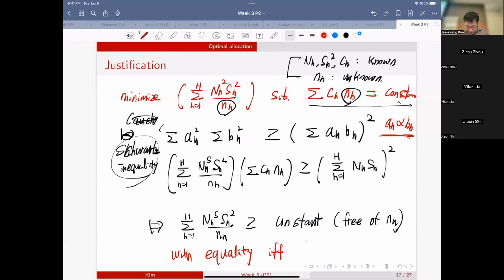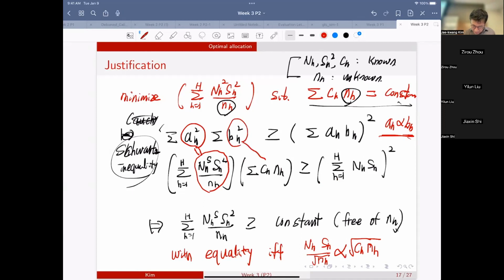So that means NH is proportional to CH square root of NH, because this is our AH square, right? And this is our BH square. So this statement is equivalent to this statement. Then NH, SH, you can move NH here and SH to the denominator.